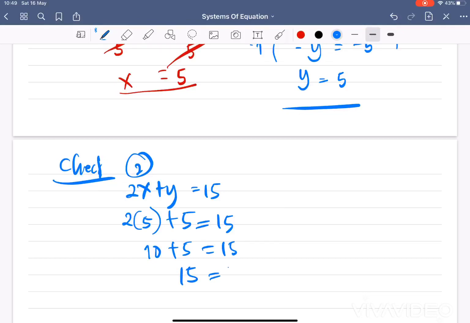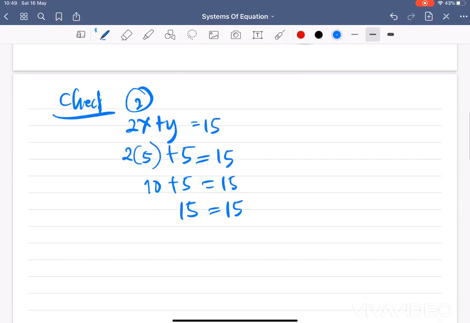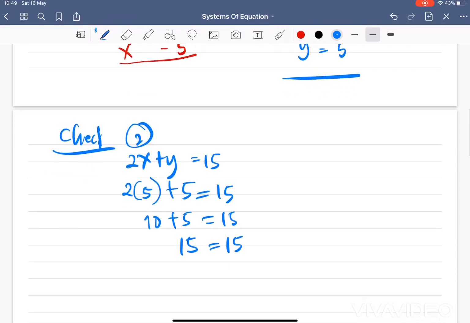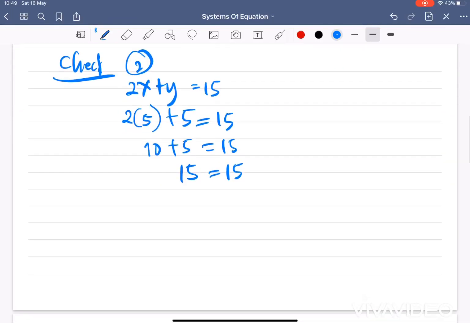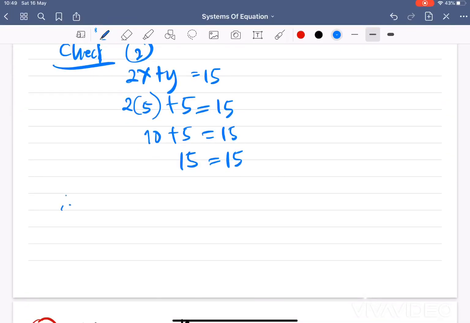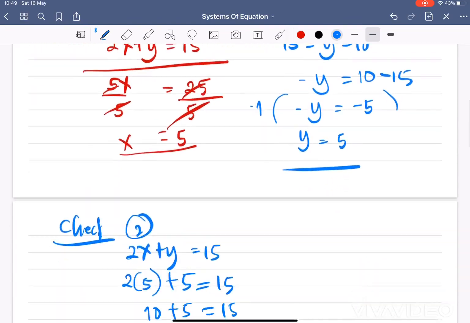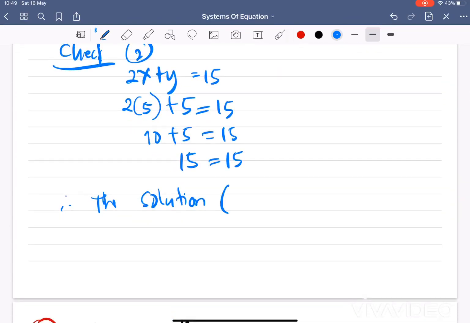So 15 equals 15. As you can see, the values of x and y satisfy the equation. Therefore, the solution of this system of linear equations is 5 and 5.